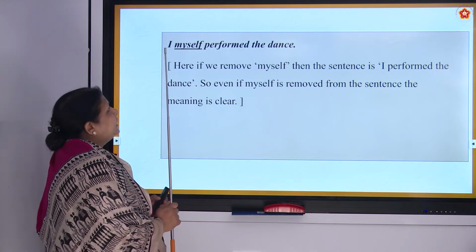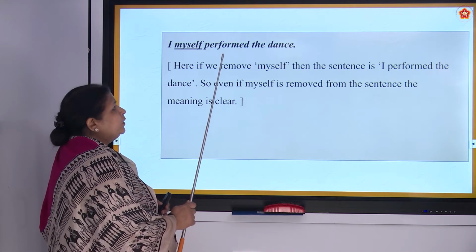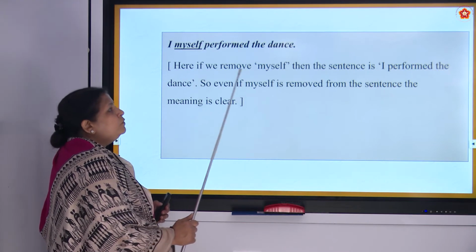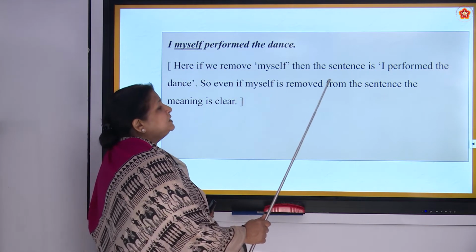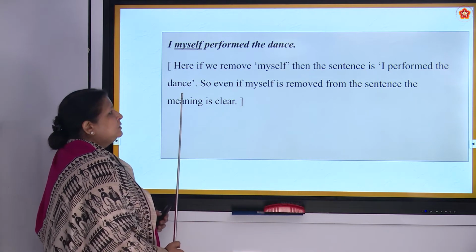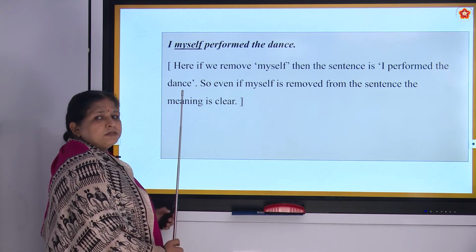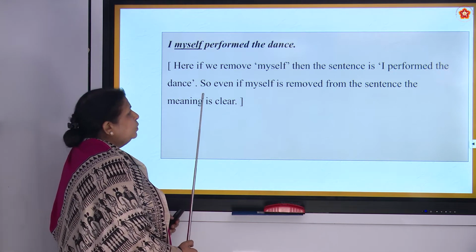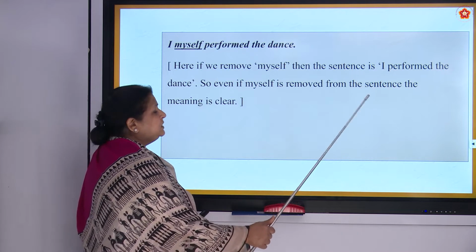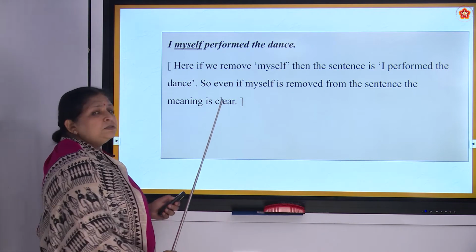See, I'll repeat again. I myself perform the dance. Here, if we remove myself, then the sentence is I perform the dance. Is it not giving you complete sense? Yes. So, even if myself is removed from the sentence, the meaning is clear.